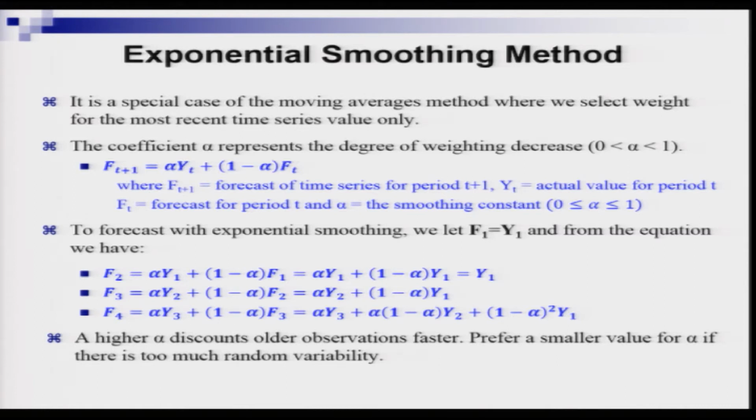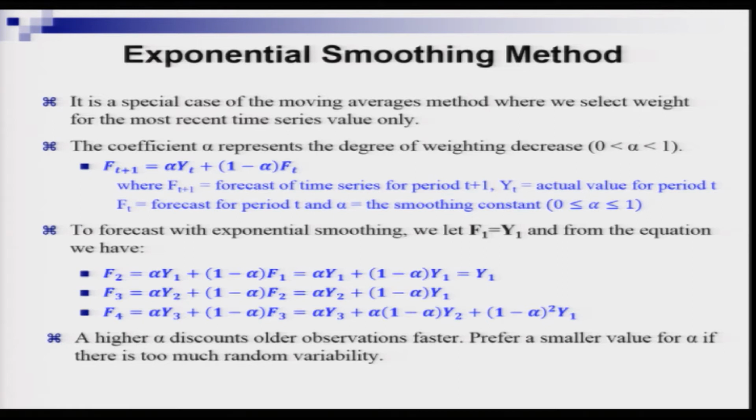As I was telling you, you have to have some idea about f_t, which is the forecasted or fitted value of the previous period. So, you assume that f_1 is equal to y_1, and then you apply that equation to get the forecast or the fitted value for the second time period, t equal to 2.